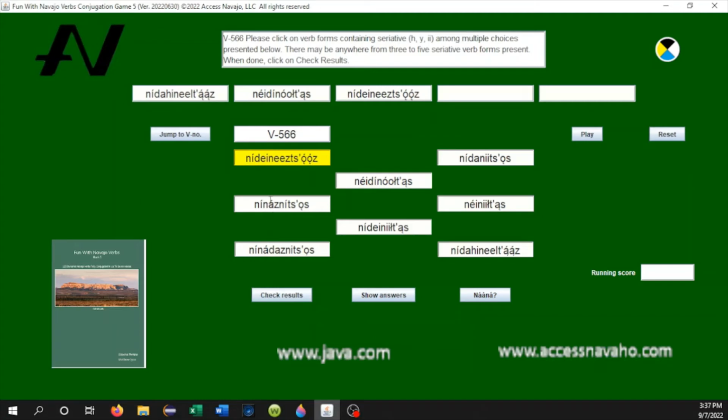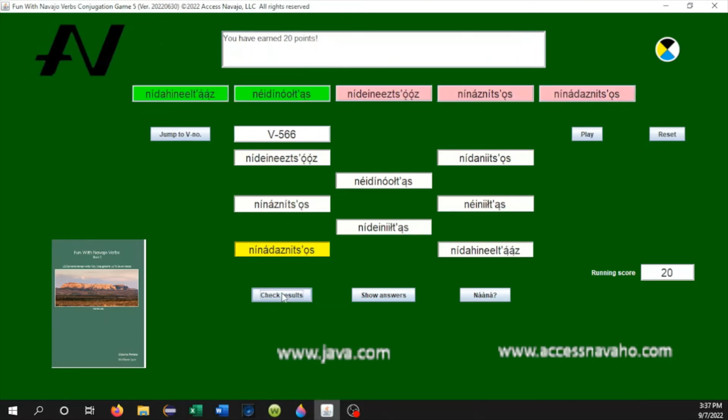So let's see if we've gotten this correct. I'm going to guess 5 here. Now, I don't claim that I know all of this perfectly, so there's going to be some wrong answers in here most likely. We'll check our results. There we go. Now, this is a good time to show you what happens if you didn't get everything right. So now when we click on show answers, down below you'll see that 2 of the boxes have been filled in blue.